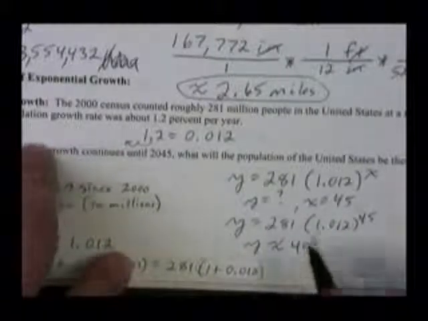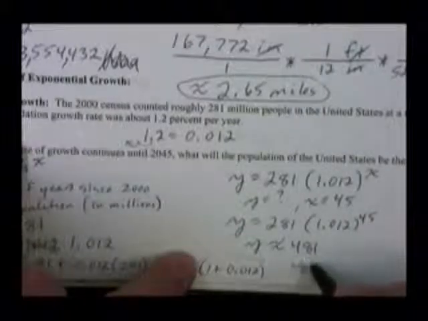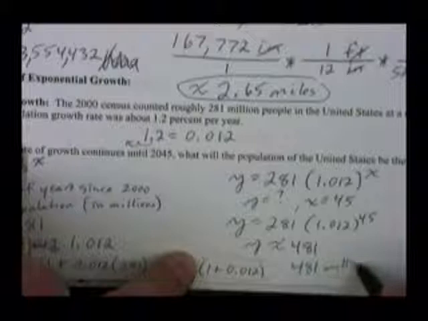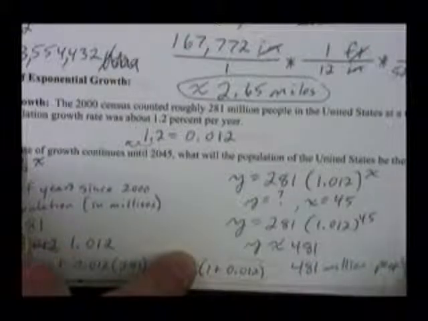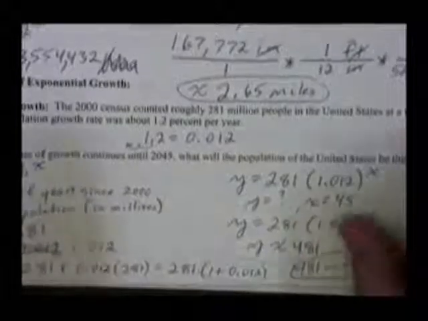So y is about 481. What that means, remember, y is the population in millions. So about 481 million people would be our answer. All right, let's move on to the next page.